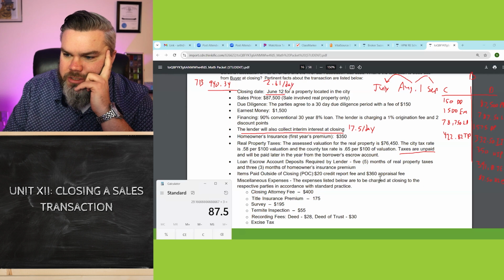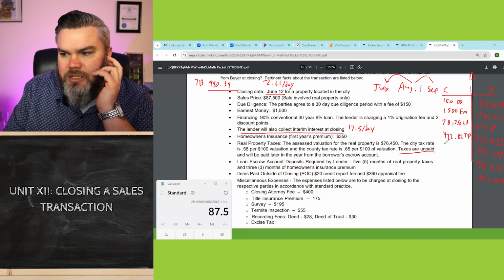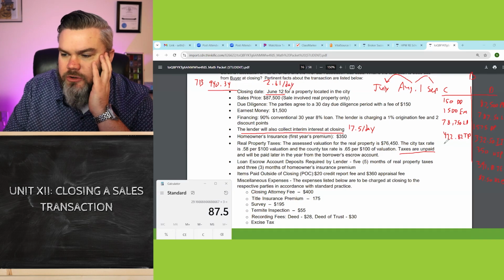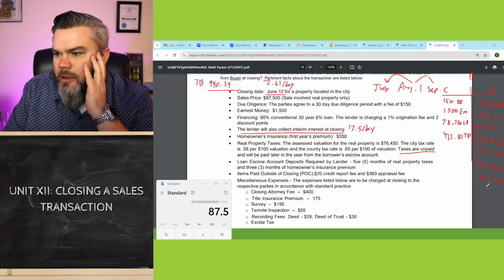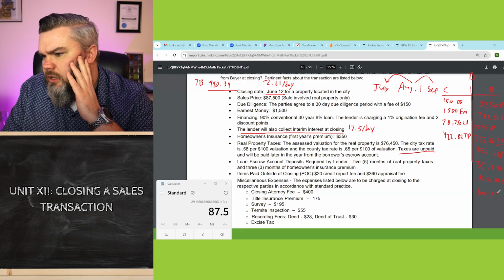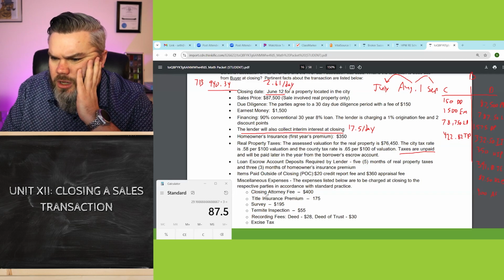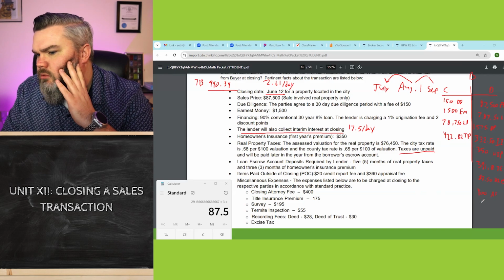Miscellaneous expenses listed below are to be charged. Closing attorney fees, that is a buyer debit. When we say attorney fees, that is for the title search and title work and the lender stuff. So I'll say $400 AF, attorney fees. Title insurance premium, that is going to be a buyer debit.